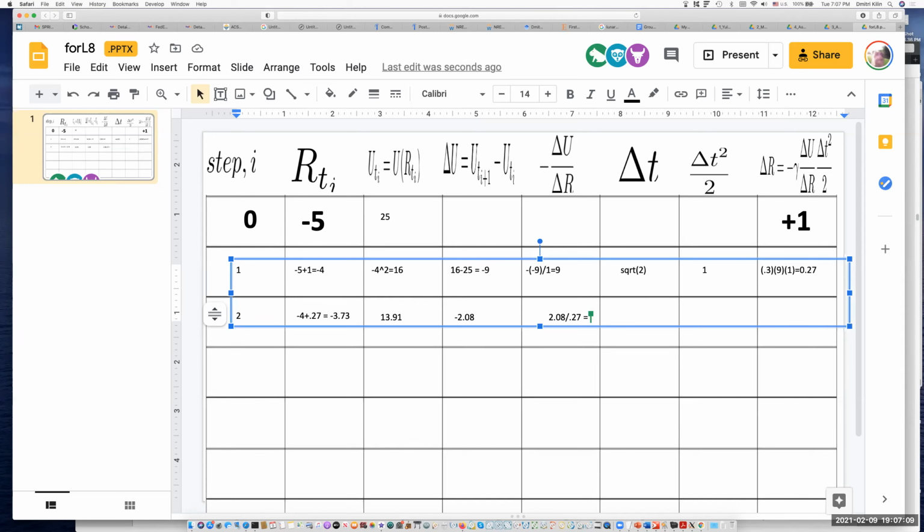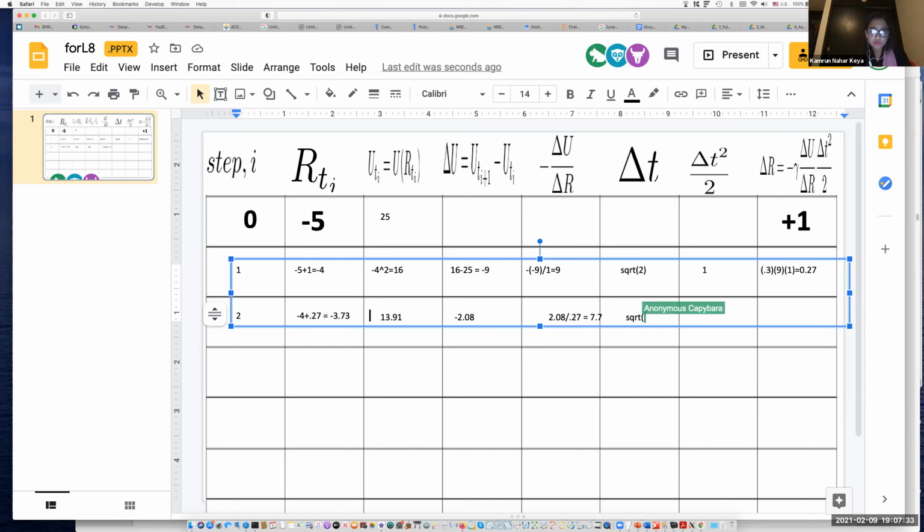No, it's 7.7. 2.08 divided by 0.27 equal to 7.7. Yeah, 7.7, that's what I got as well. And do not be super precise. We just need general time. Okay, 7.7.